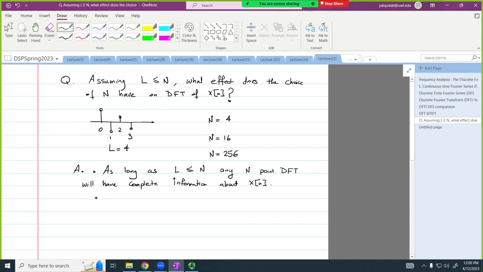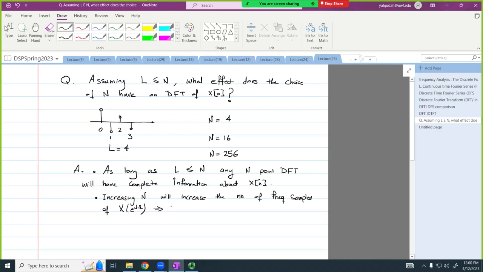However, increasing n will increase the number of frequency samples of x of e to j omega.